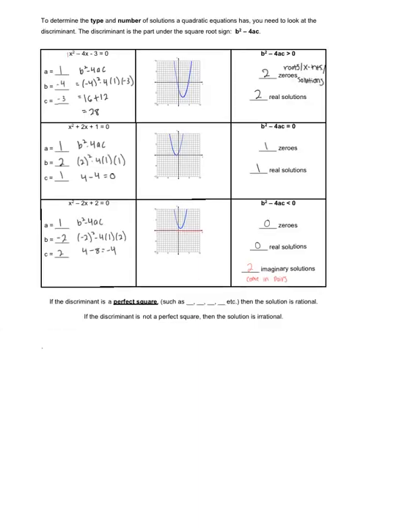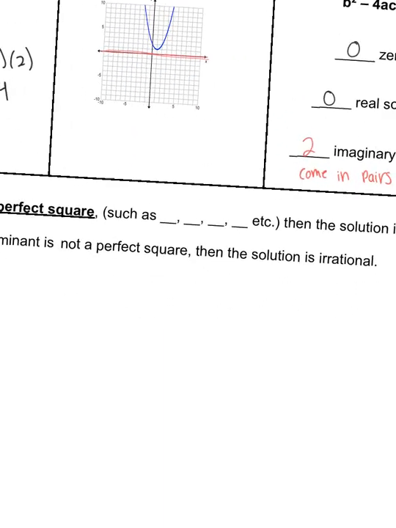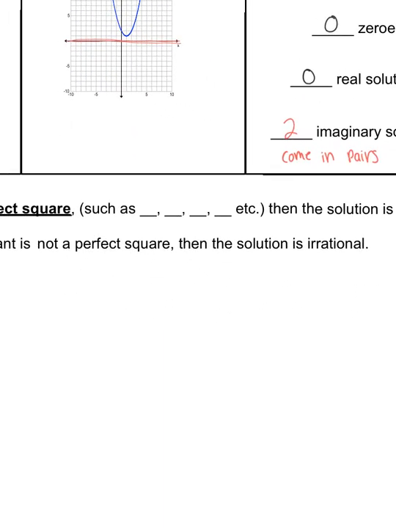Okay, there's a little rule at the bottom if the discriminant is a perfect square. Things that are perfect squares are 4, 16, 25, 36, meaning that I can take the square root of that number and it gives me a whole number. Like the square root of 16 is 4. The square root of 25 is 5.